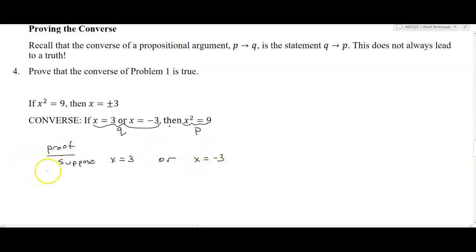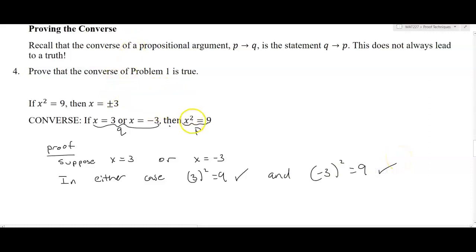And this is going to be a really quick one. In either case, when x is 3, 3 squared is 9. So that's a check. And negative 3 squared is 9. And that's a check. Therefore, whether x is 3 or x is negative 3, the square of x will be 9.